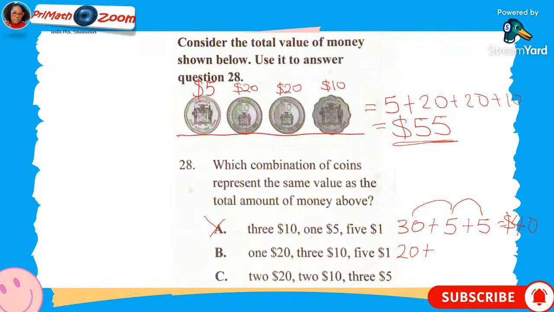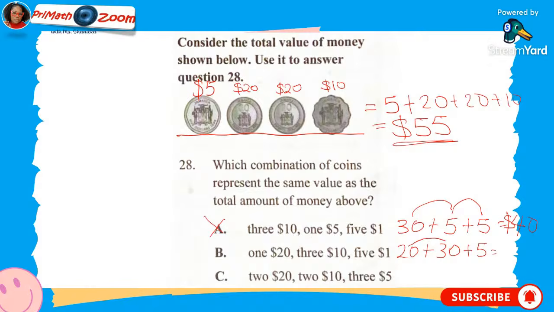Three $10 would be equal to what? Thank you, guys. Three $10 would be equal to $30. Very nice. Five $1 would be equal to what? Thank you. Five $1 would be equal to what? Will be equal to $5.